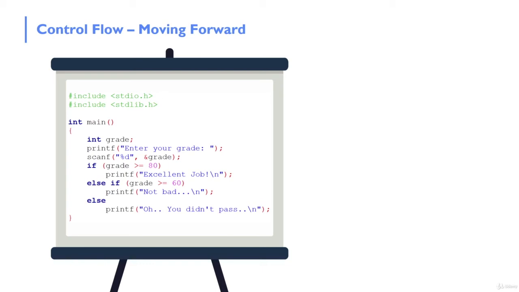And the second printf command, where we can see that a not bad message is printed on the screen, is going to be executed when the grade is in the range between 60 to 80, and the first message is only if you studied well for your exam and you got a grade that is 80 or higher. Alright, so I hope that makes sense to you, all this structure, all of this usage of nested if conditions.